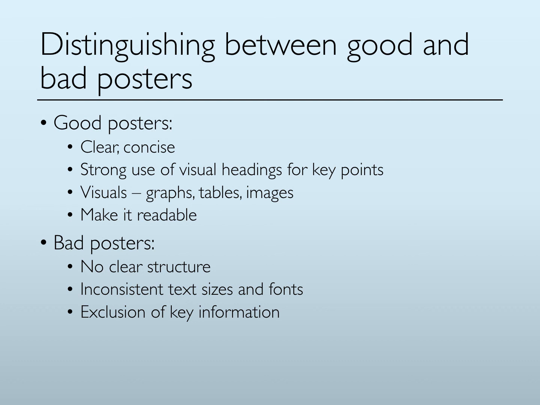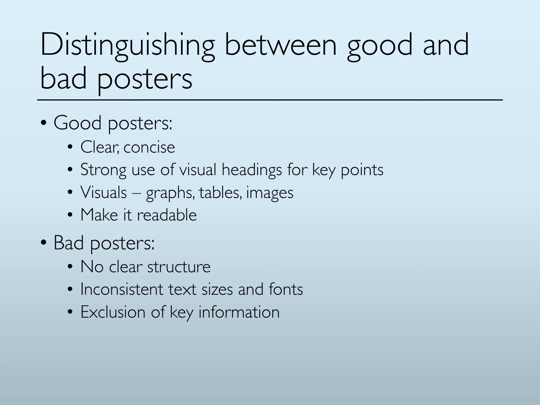To distinguish between good and bad posters, you want to consider the following. Good posters are clear and concise. They have a strong use of visual headings for key points. They make use of visuals like graphs, tables, and images, and it's also readable. An effective poster is focused on a single message.